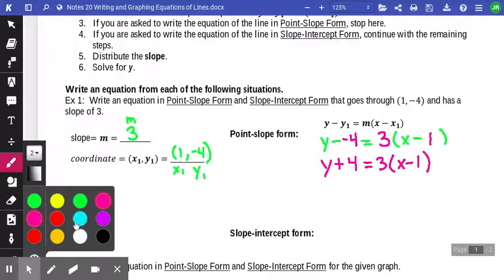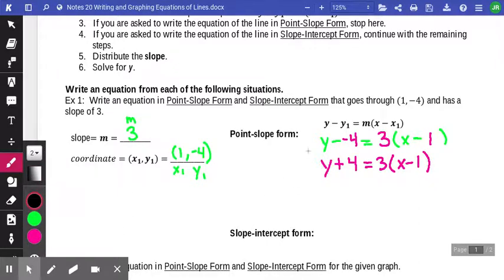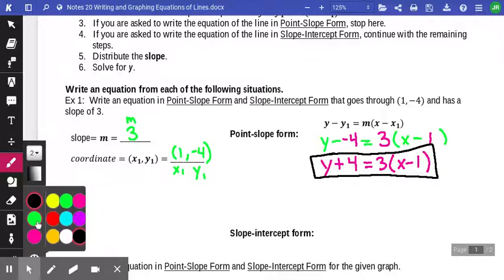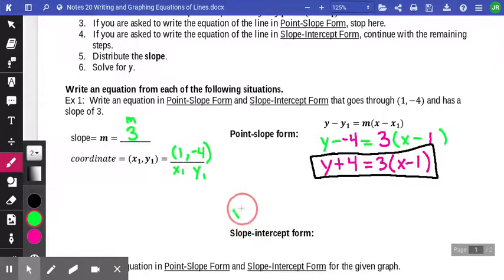If the question asked me to write the equation of the line in point slope form, I would use this, what I just wrote, as my answer. I would stop here. However, if it asked me to write the equation of the line in slope-intercept form, I need to keep going. Remember, slope-intercept form is y equals mx plus b.